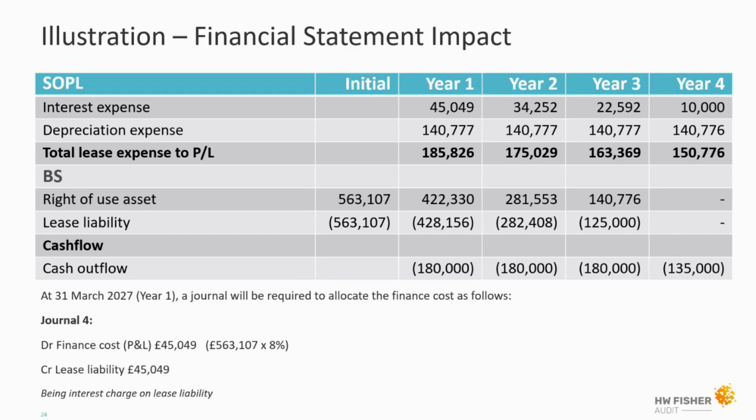Our lease liability is being reduced from 563. You reduce it by the 180, but then it is being brought back up by the unwinding, the interest expense. So that's why it differs from your right of use asset and has different implications on your P&L.